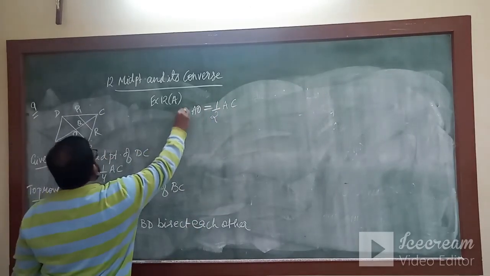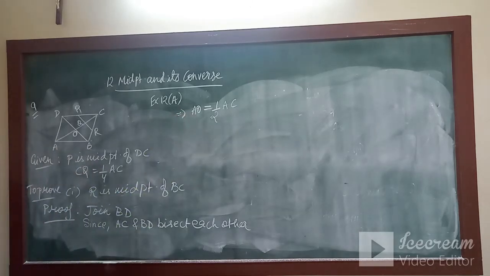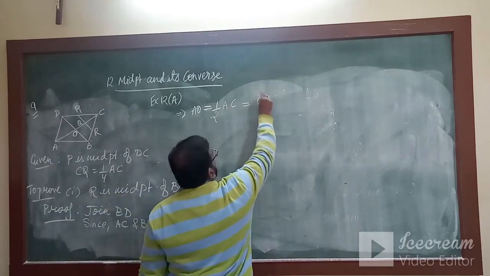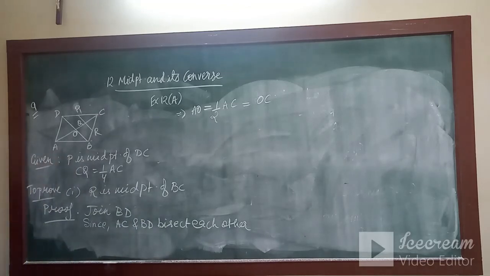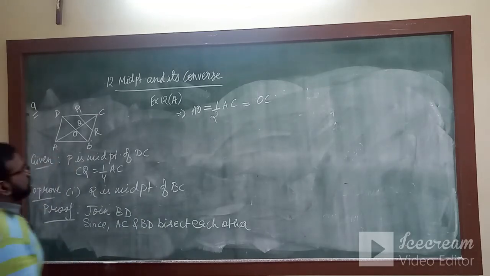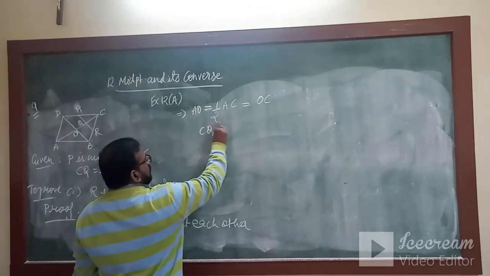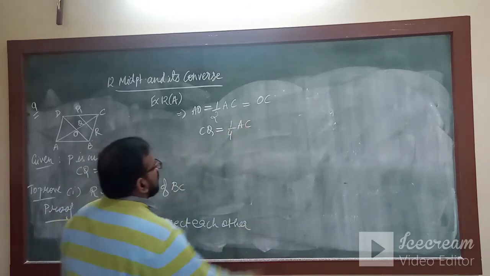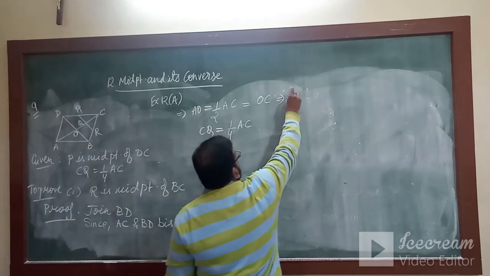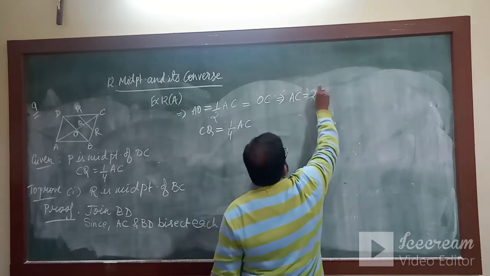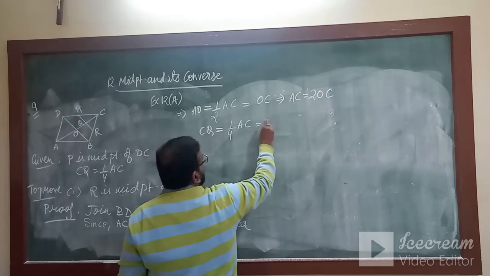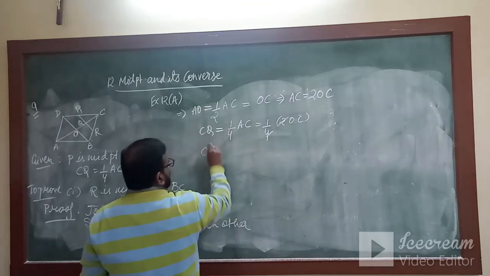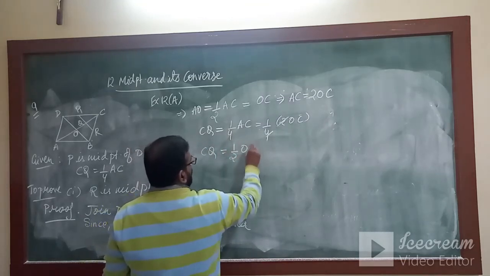Okay, this you will get. Or we can say that it is also equal to OC. So what is CQ? CQ is 1 by 4 of AC. So if you see this, you can here get AC equal to twice of OC. So we will substitute here. It will be 1 by 4, 2 into OC. So CQ equal to half of OC.